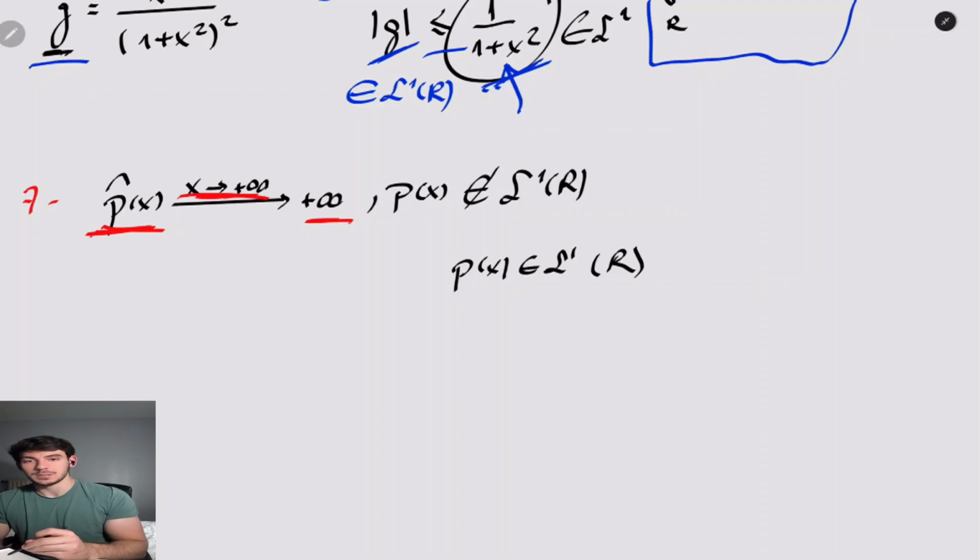Because if it diverges, by the statement of Riemann-Lebesgue, then p of x can't belong to L1. But we found out on the previous question that it does belong to L1. So that's what basically can't happen.